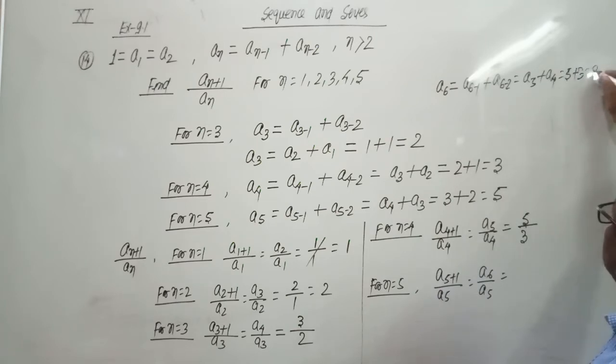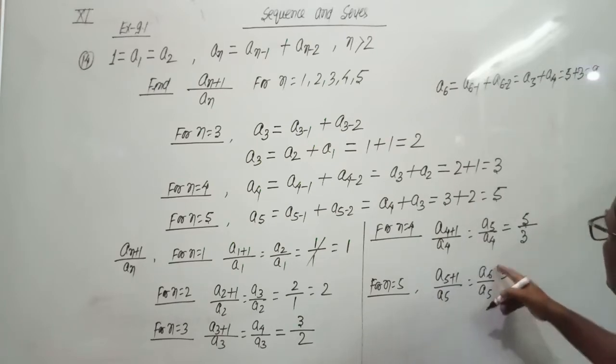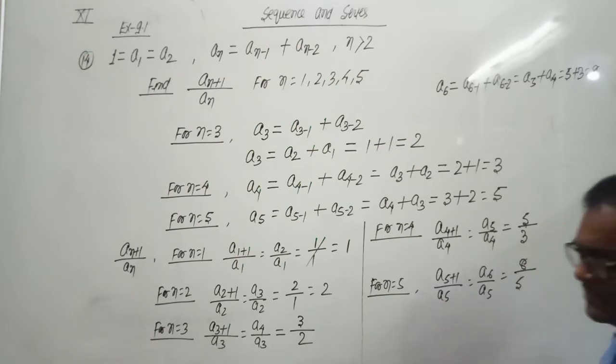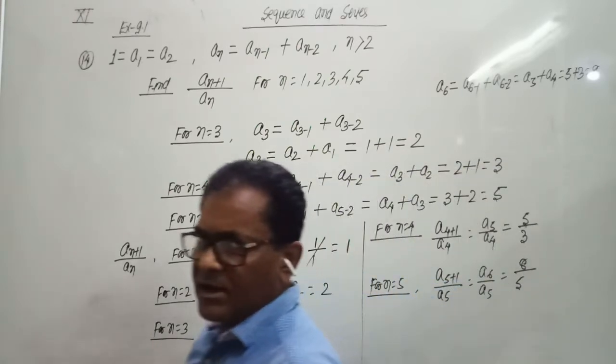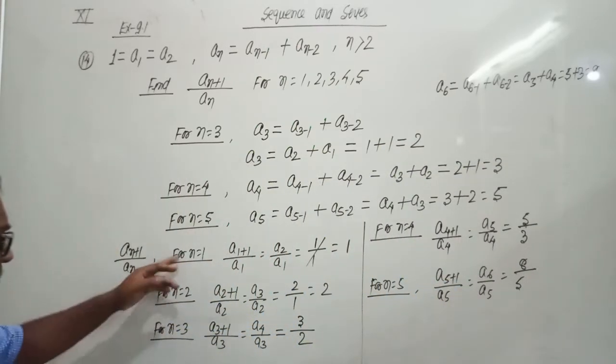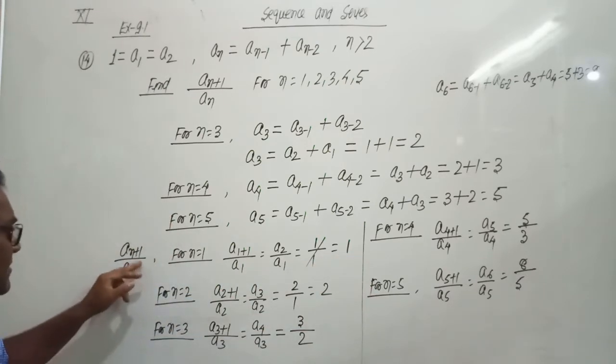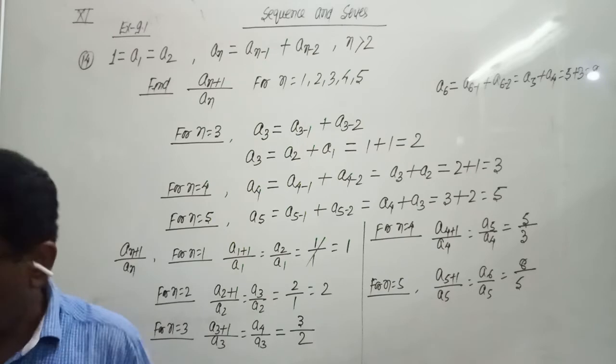So 5 plus 3, 8. So here put the value of a6, that is 8 upon the value of a5, 5. So these are the 5 values for n equals to 1, 2, 3, 4 and 5 of a(n+1) upon an.